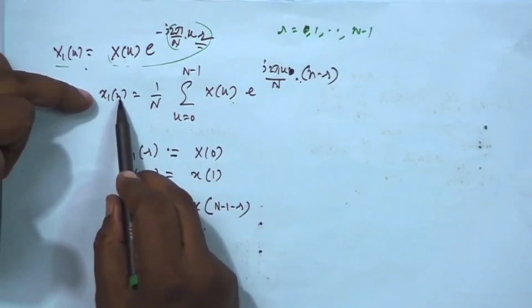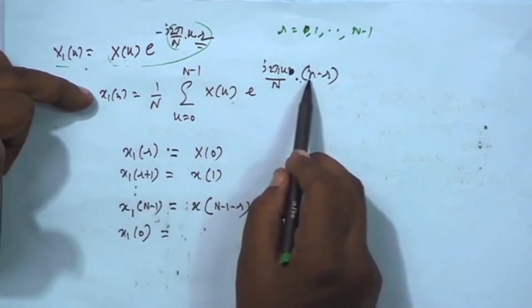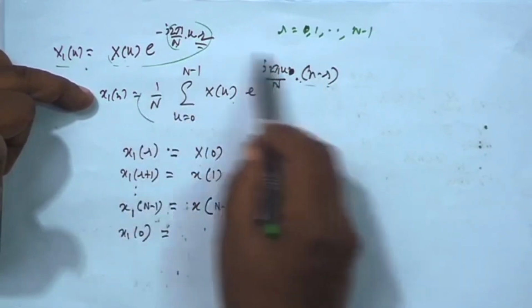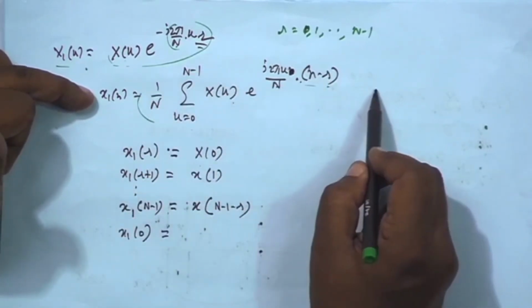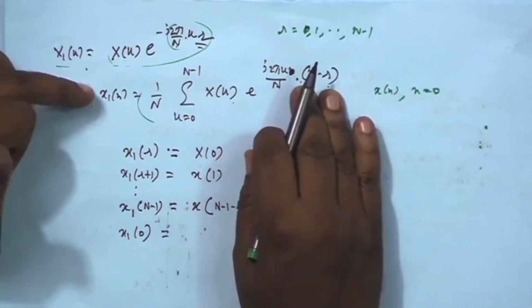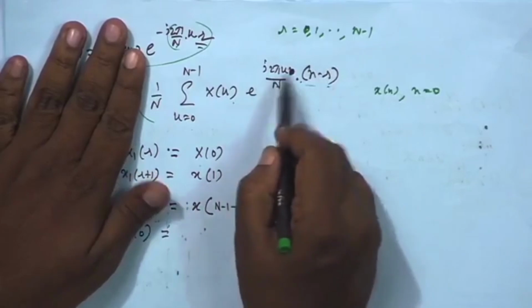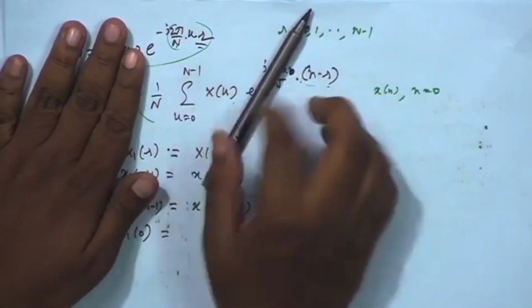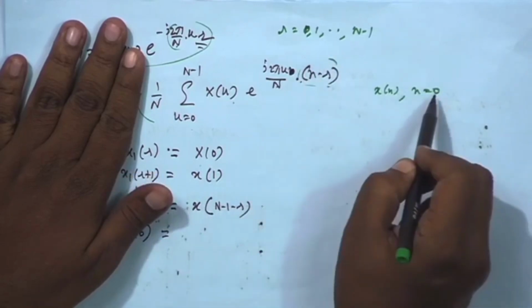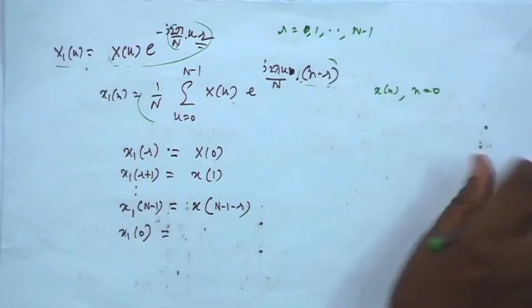So, now I start with x 1 r. R means n equal to r, that means this is 0. So, it is this inverse DFT of x n at n equal to 0, and capital X k is the inverse DFT of x n sequence with this index being 0, right.